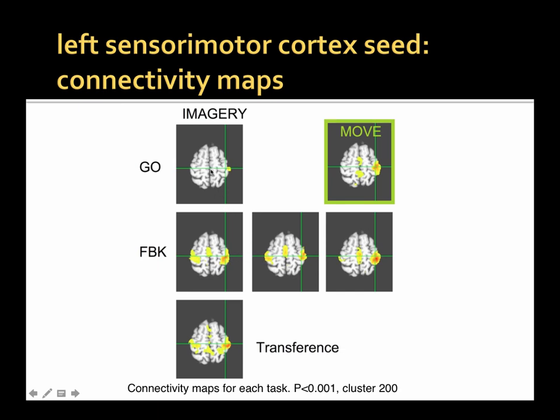So even though this is not active, we do have a strong correlation as we increase the feedback, and when we transfer, when the subject is doing that without the feedback, we still get that, because we kind of reinforce the activity within those areas.